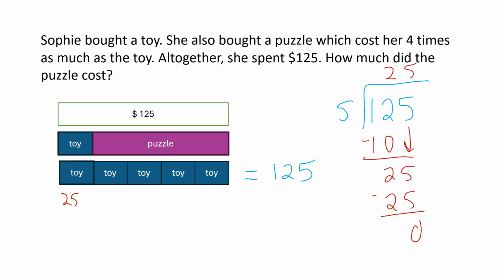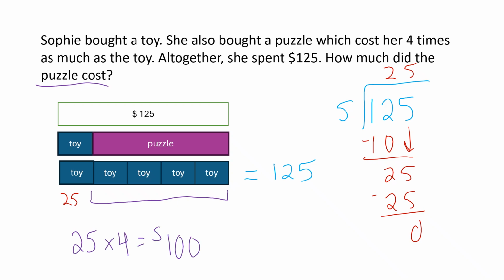Now if the toy costs $25, we want to figure out the cost of the puzzle. And we know the puzzle cost the cost of 4 toys. So really you could just do 25 times 4, which is $100. So the puzzle cost $100.